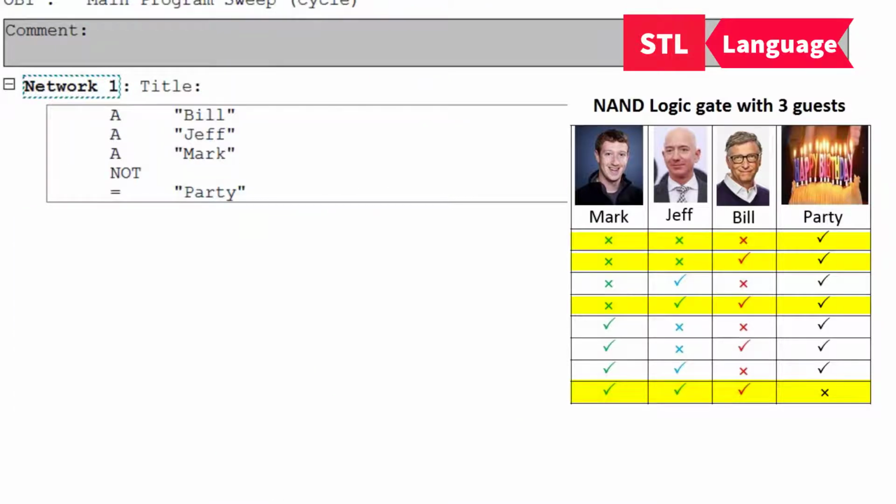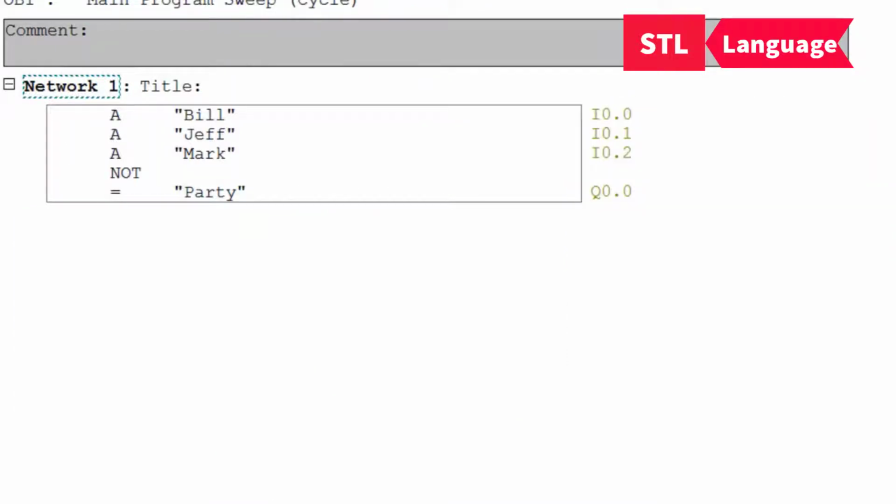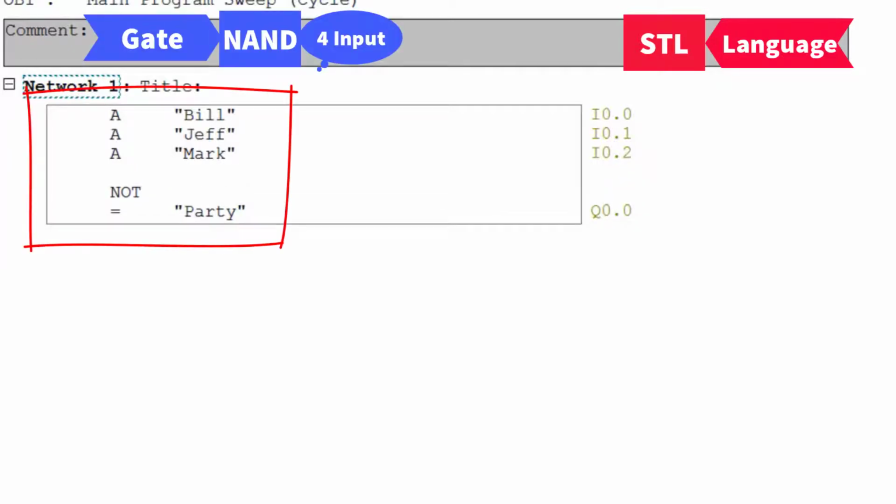To add Elon, just type the phrase before the NOT command and space Elon.